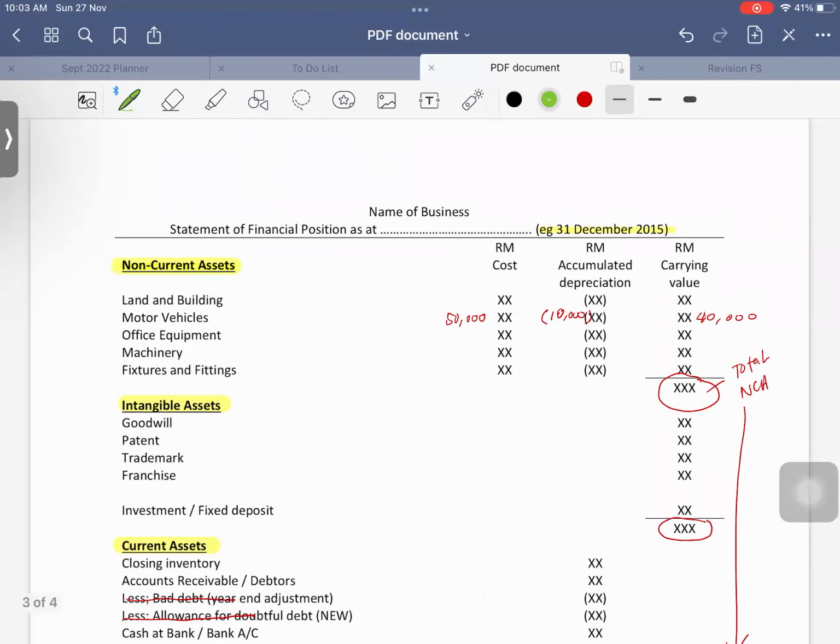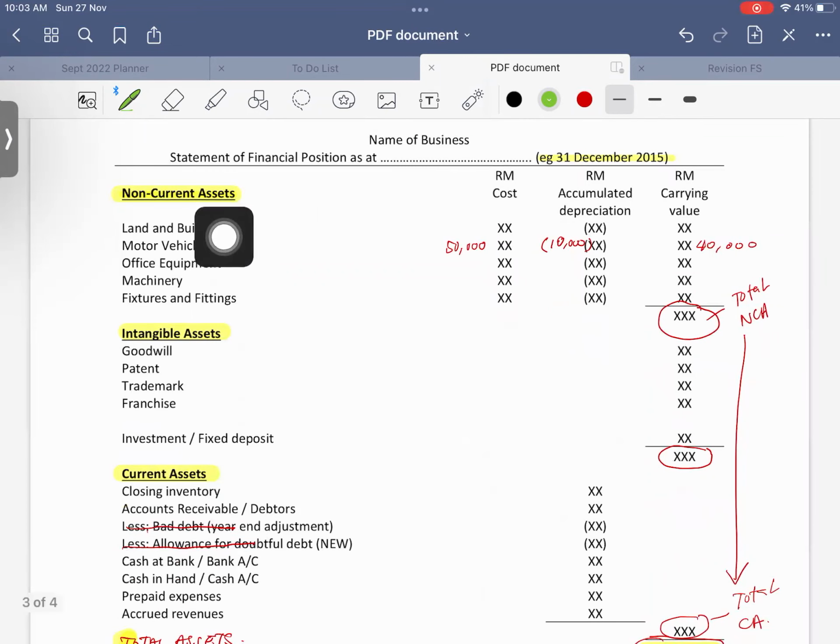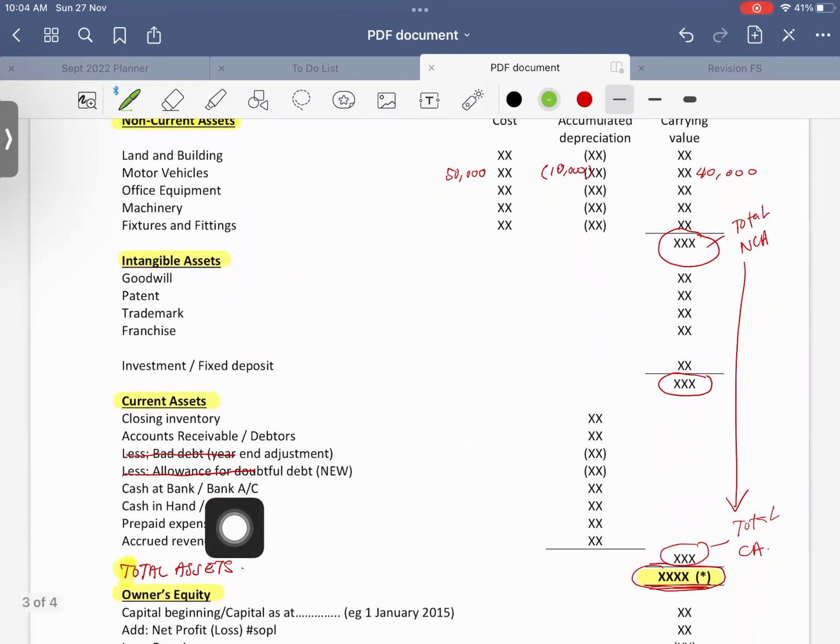Ni SOFP kita still the same. You need to put the title, kena letak name of the business. And then you kena list down all your non-current asset. Okay, and then your intangible asset. Normally dalam soalan takkan bagi intangible asset. So ni boleh skip. You can listkan your non-current asset, your current asset. Okay, okay.